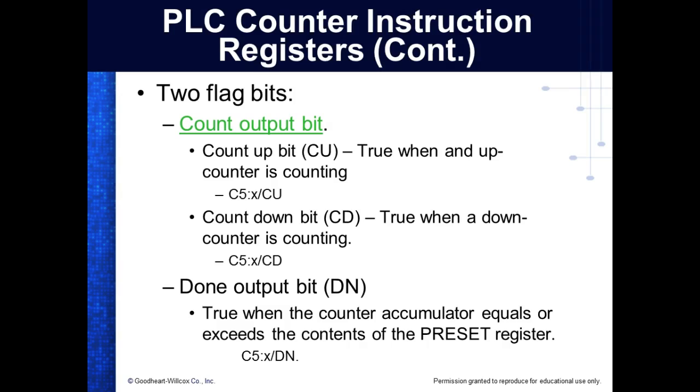We have the count up bit, true when the up counter is counting, and a count down bit that goes true every time you count. Then the big main done bit tells us the accumulator is equal to or exceeds the contents of the preset register.